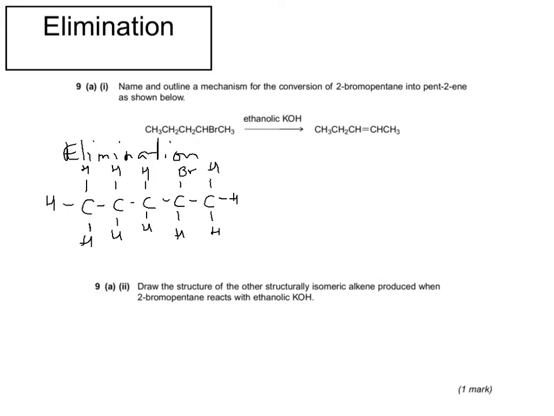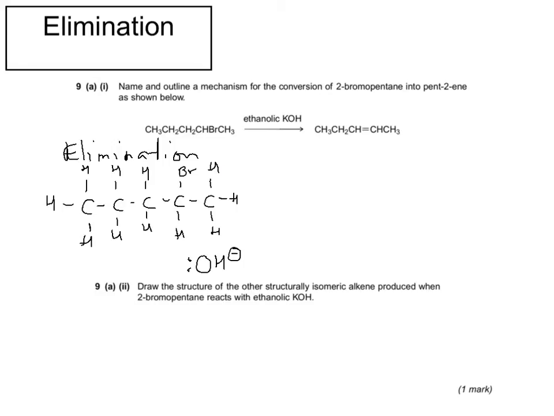So in elimination, remember I said that the OH- ion, which I'll draw in now, the lone pair on the oxygen will attack the hydrogen on the carbon next to the carbon with the halogen on. So it's either going to be this hydrogen here or one of these hydrogens here.